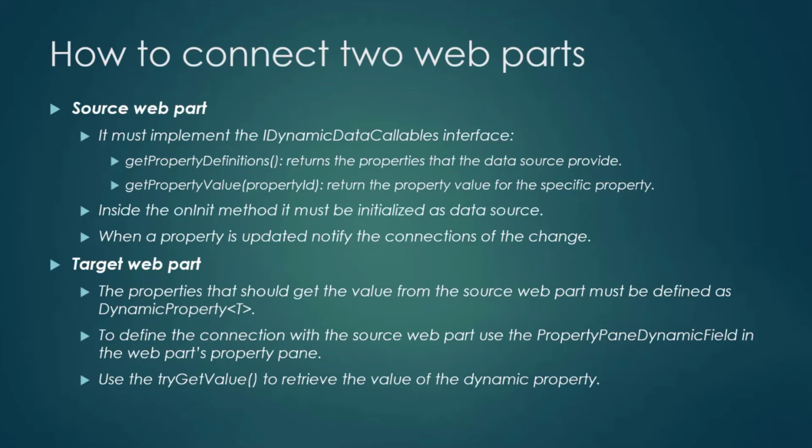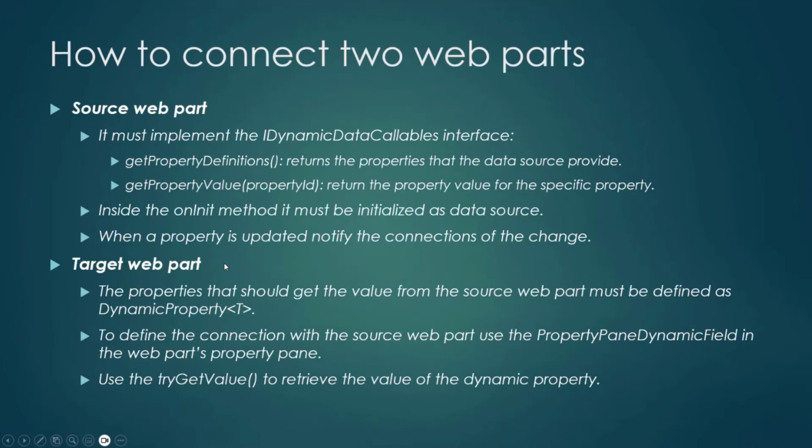And also in the onInit method, you have to initialize the source web part as a data source and define the methods to notify the target web parts of the property changed.